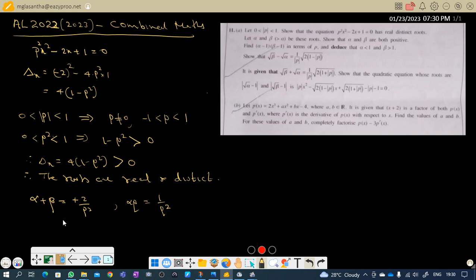Now it is clear that alpha plus beta is greater than 0, because this is greater than 0, and this is also greater than 0, right? Because p is not equal to 0, p squared is positive, therefore both are greater than 0. So alpha beta is also greater than 0, right?